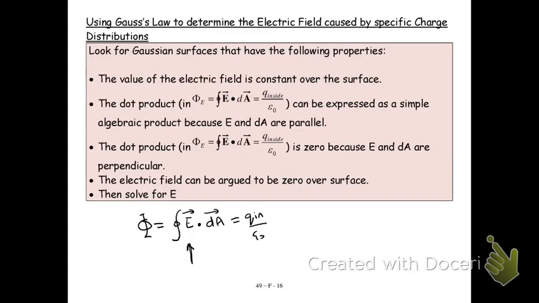So there's a bit of a cheat that takes place here. It's tempting to think that you're going to have to invent Gaussian surfaces. And it turns out that there's a canon, a family of Gaussian surface problems that get asked.